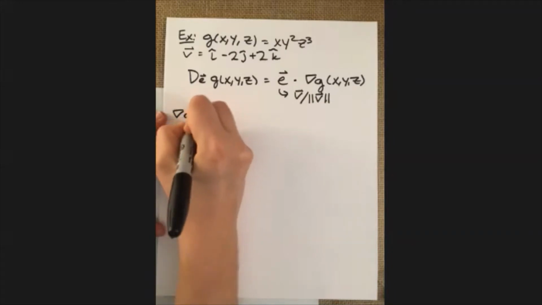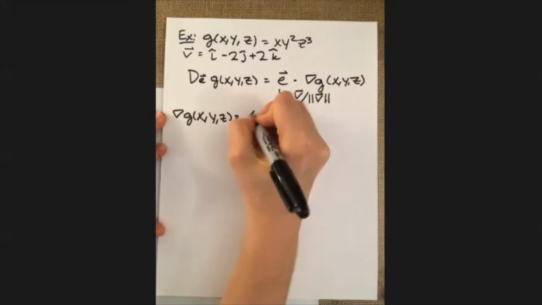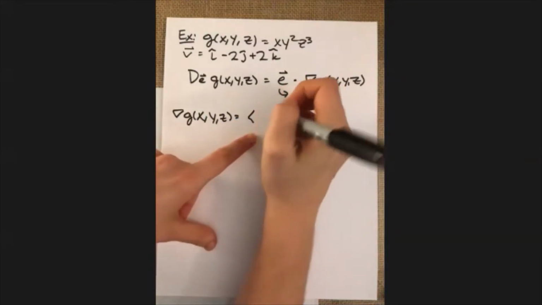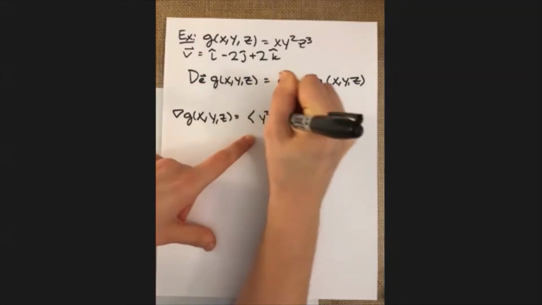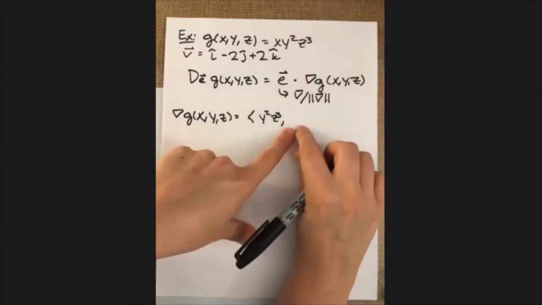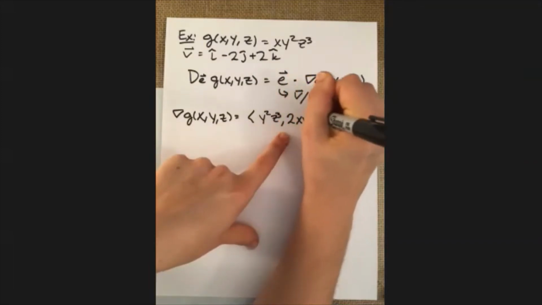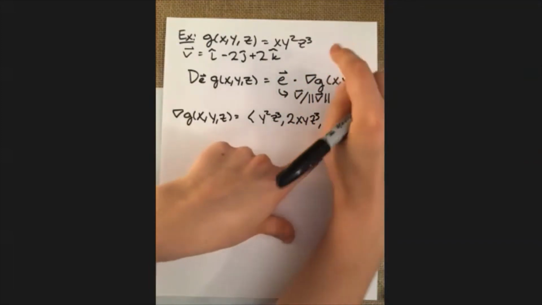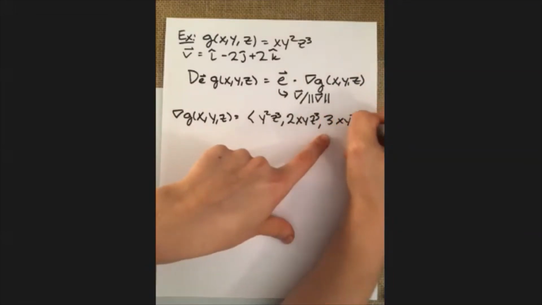So the gradient for g at (x, y, z) is equal to, we'll have the partial with respect to x, so that's going to give us y squared z cubed for our first component. Next component is partial with respect to y, so we'll have 2xy z cubed. And then our third component is the partial with respect to z, so that's 3xy squared z squared.